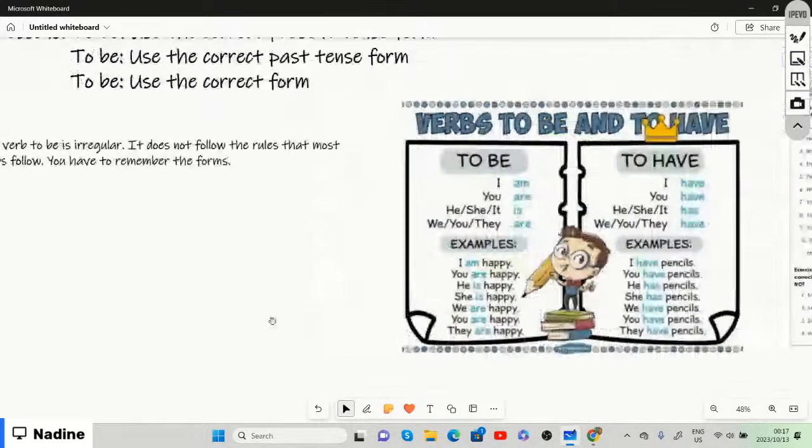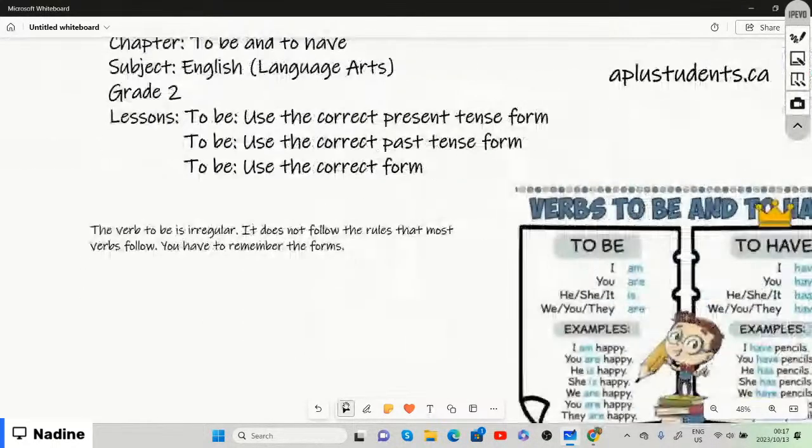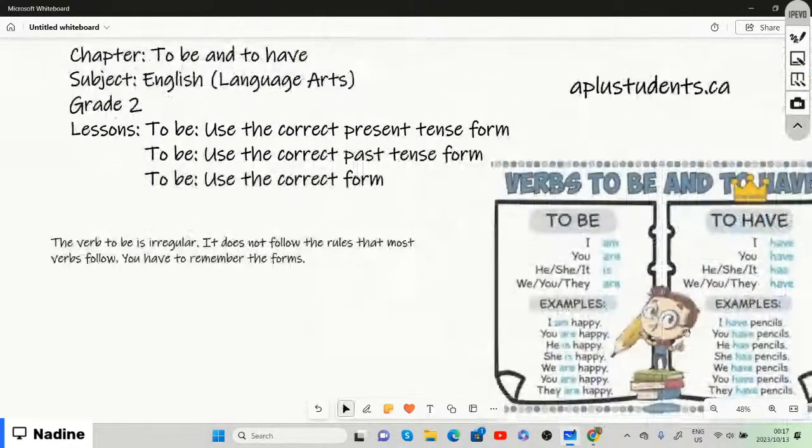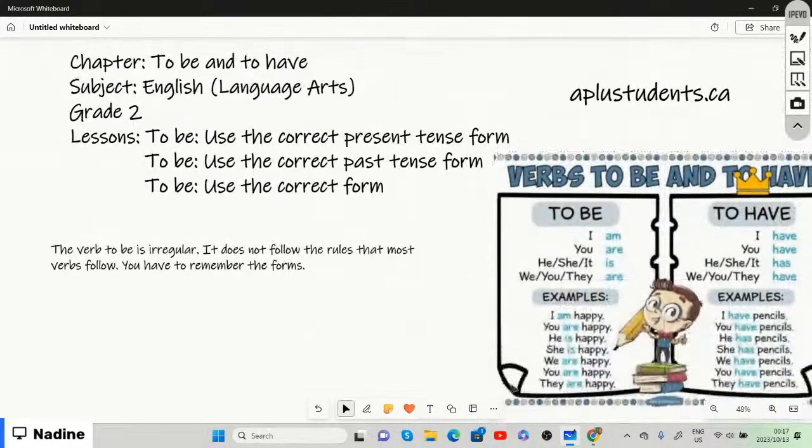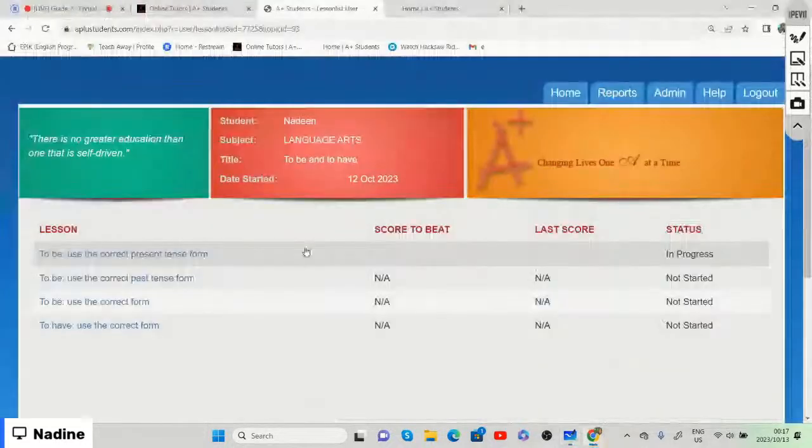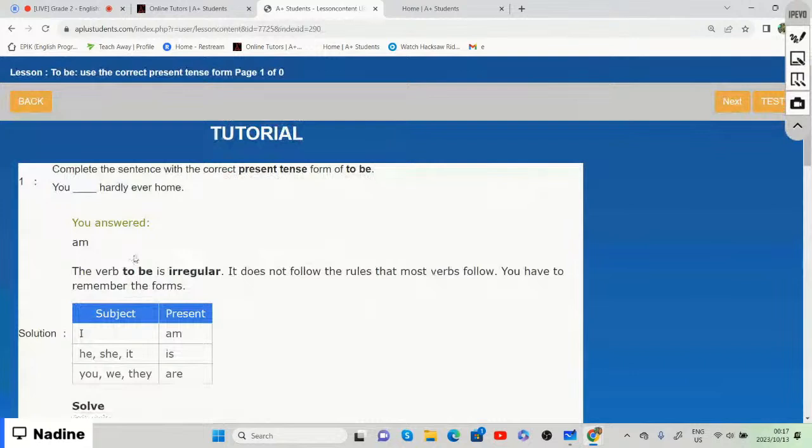All right, so now we're going to aplusstudents.ca. And on aplusstudents.ca, we're going into our first lesson, which is to use the correct present tense form. And remember, we said present tense form refers to things happening now.